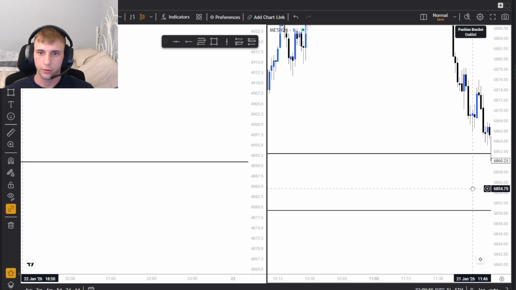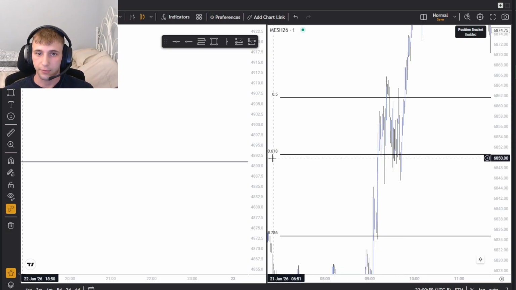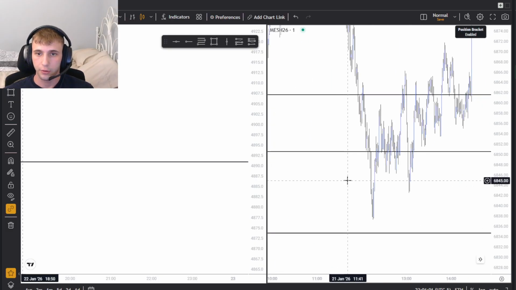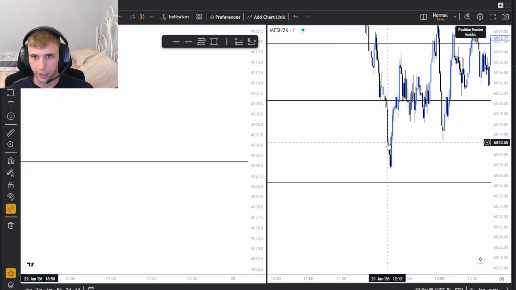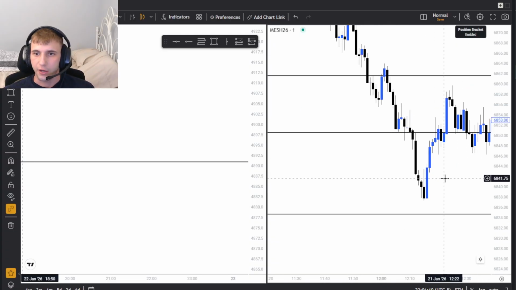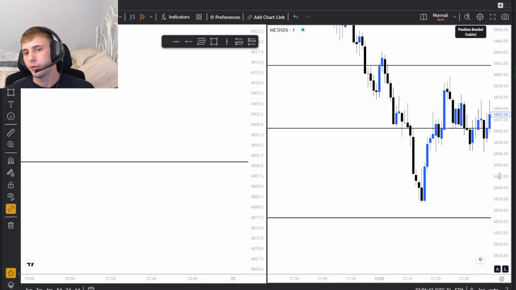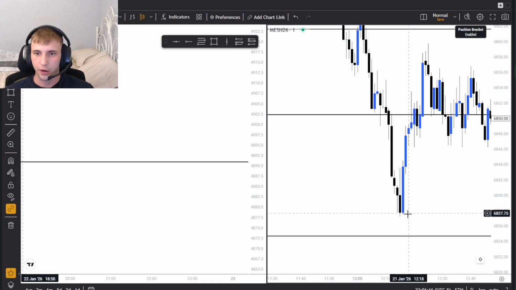No entry here. We kept going down. We filled this high time frame 0.618 level. Okay, nothing. We keep going down. We're still in a discount. On the 4-hour, price still hasn't closed below this level. Cool. Now we start getting a wick up.